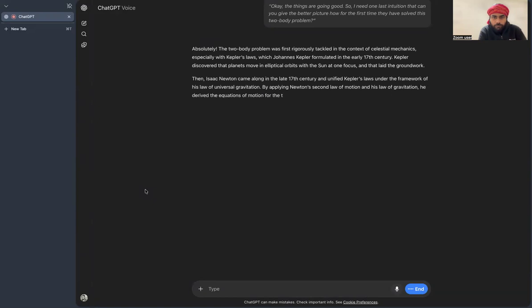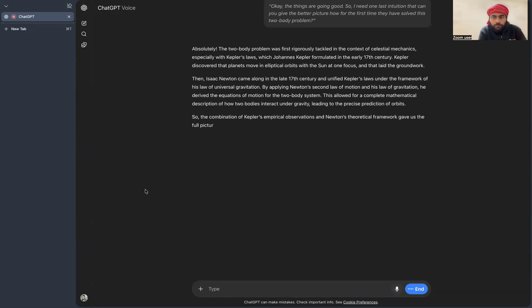He derived the equations of motion for the two body system. This allowed for a complete mathematical description of how two bodies interact under gravity, leading to the precise prediction of orbits. So the combination of Kepler's empirical observations and Newton's theoretical framework gave us the full picture of the two body problem as we know it today.